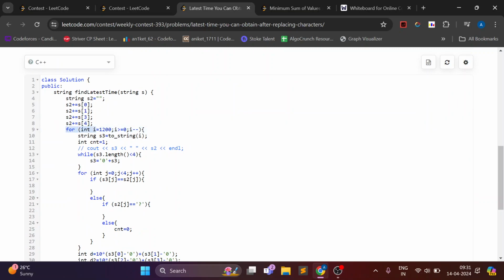Then I'm iterating from 1200 to 0, and I'm taking the string s3, converting that integer to a string, and while the length of that string is less than 4, I'm adding 0 at the start of the string.